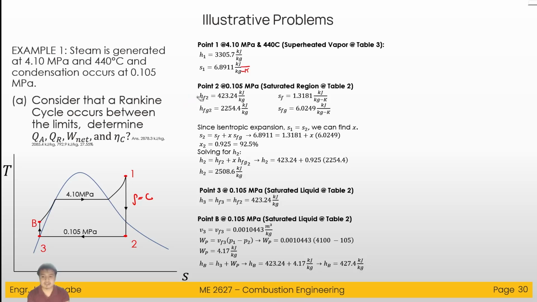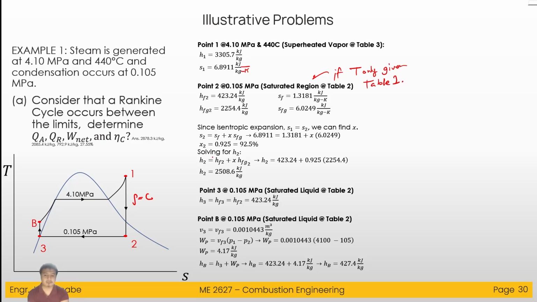So you find the Hf and Hfg, which is Hg minus Hf. You only need one property for point 2, which is usually pressure, but it depends. It could be temperature, and if only T is given, you can use table 1.